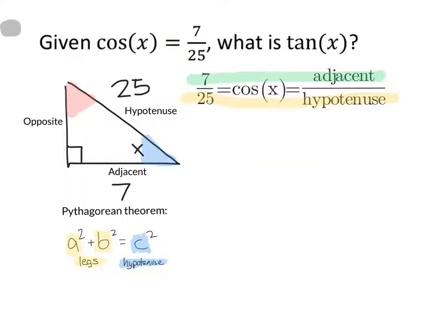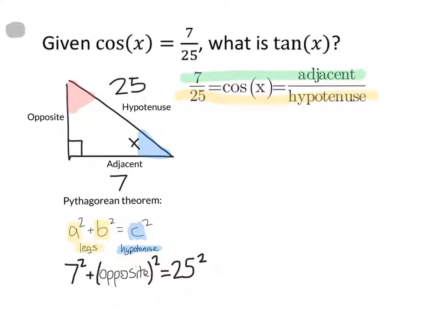In this example, a can be either 7 or opposite. We'll say that it's 7, b is opposite, and c is 25. Once we solve for opposite, we find that opposite is equal to 24.